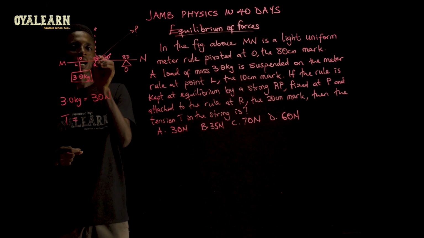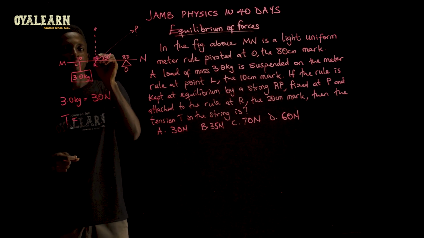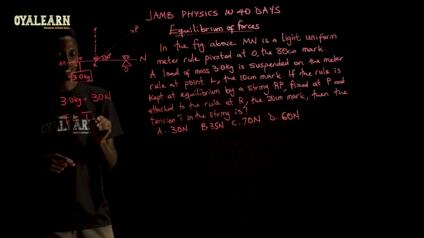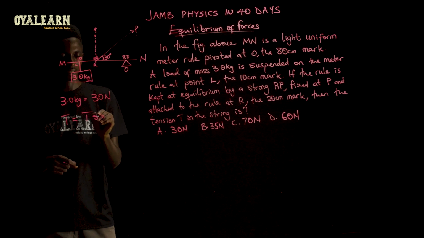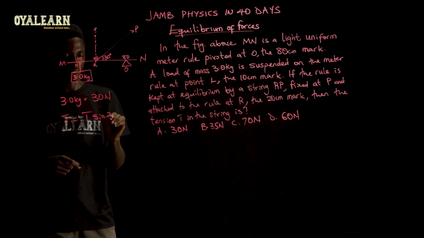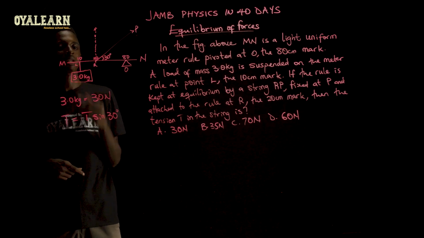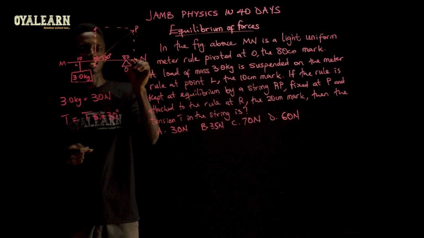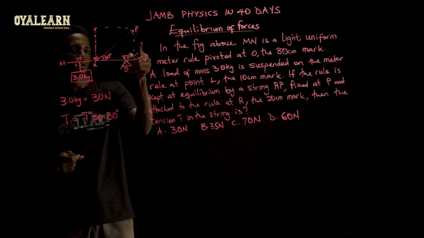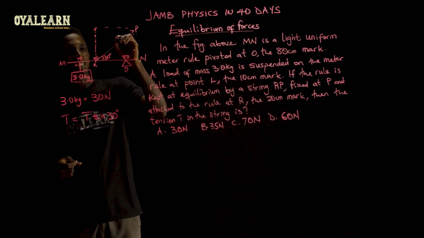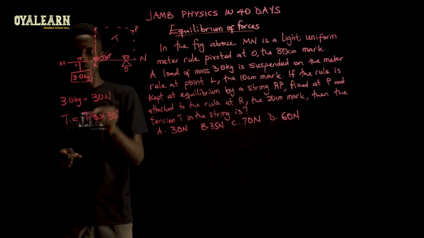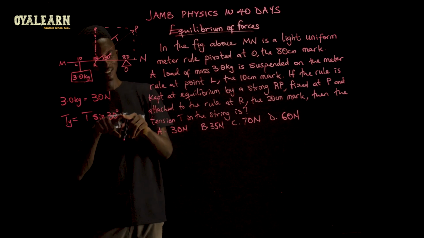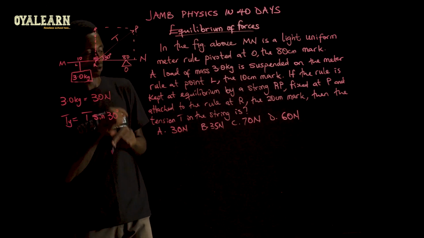So what we have here basically is going to be T sine 30 degrees, because we are looking at the vertical axis. When we consider this, we have the opposite here, and this is the hypotenuse. The T here is the hypotenuse, so we are looking for that along the y-axis. So that will be T sine 30. This is what we have to use.